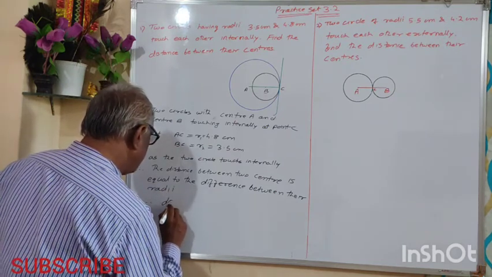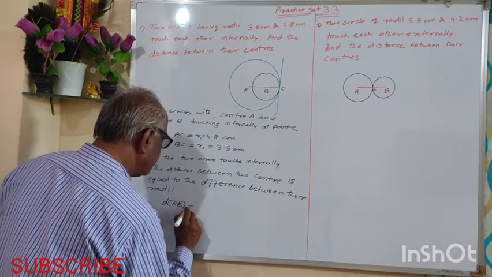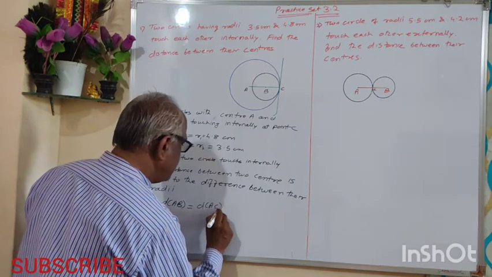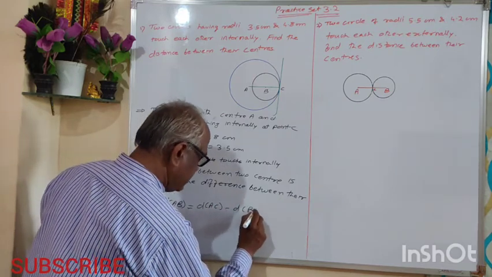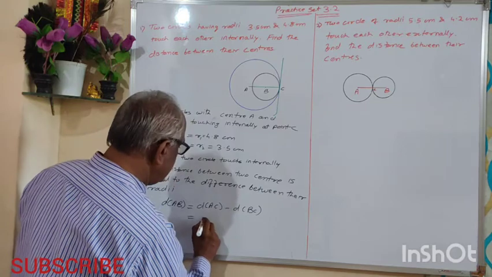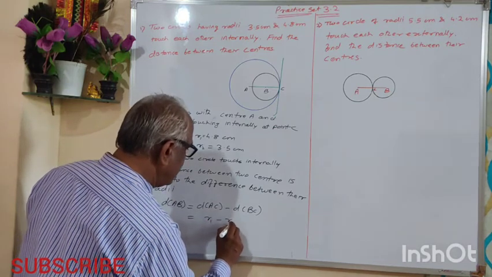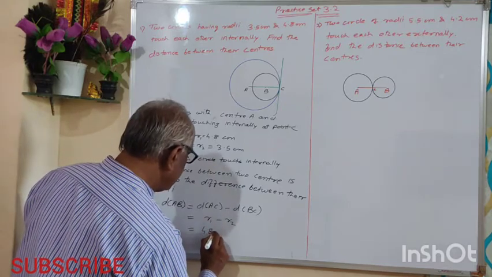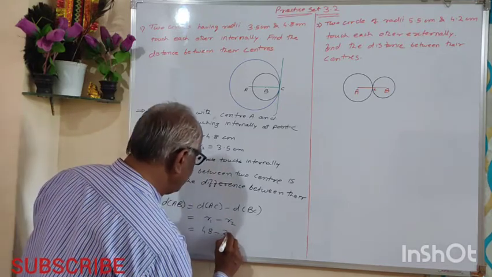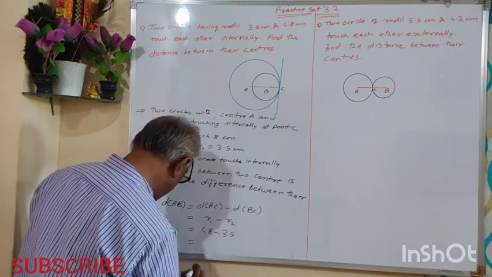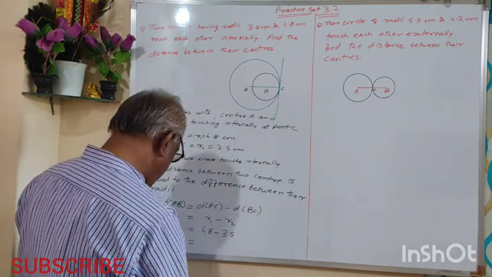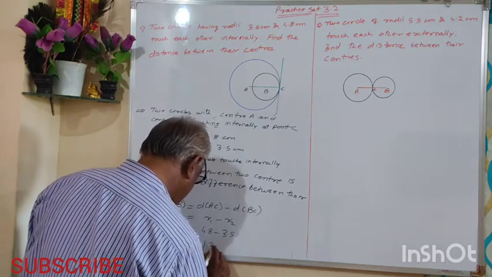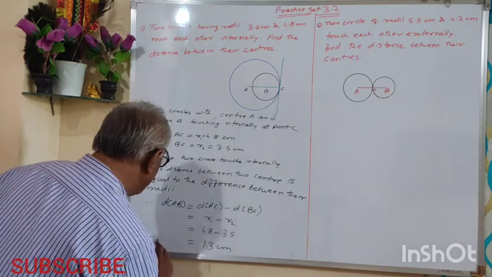Therefore, distance AB is equal to distance AC minus distance BC. AC is R1 minus R2. R1 is 4.8 minus R2 is 3.5, which is equal to 4.8 minus 3.5, that is 1.3 centimeter. This is distance AB.